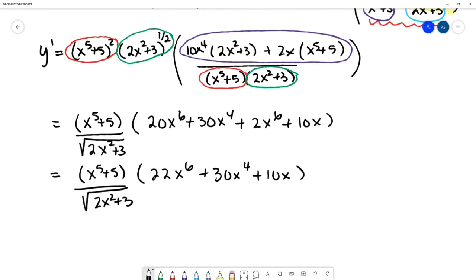And I guess there's one more algebra cleanup thing I can do. I've got all even numbers here, so I can factor a 2 out. I also have x's in each one of these, so I can factor an x out. So I'll factor out a 2x.